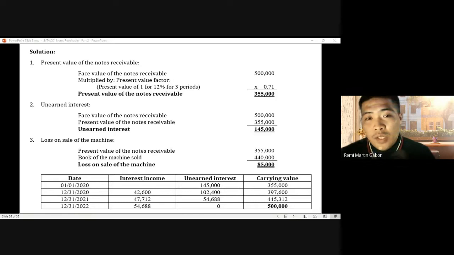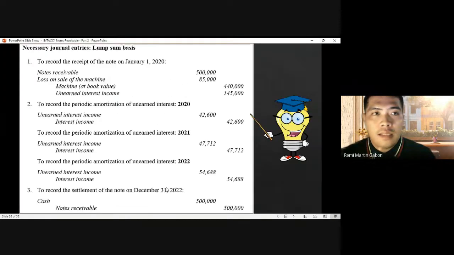Okay. So yung lalabas is 53,437.4. So malaki ang difference niya sa 54,688. Okay? So yan. So in order for us to settle the entire figure of 500,000, dapat yung unearned interest masi-zero out by deducting 54,688 by itself.